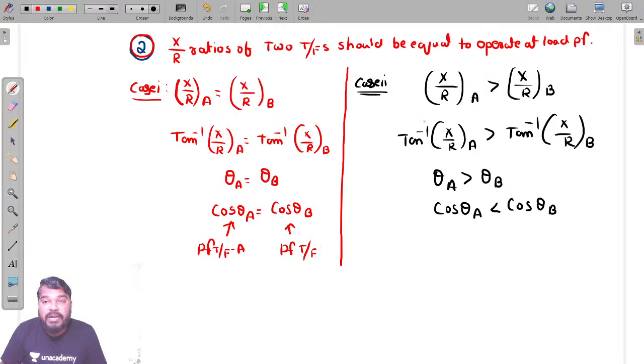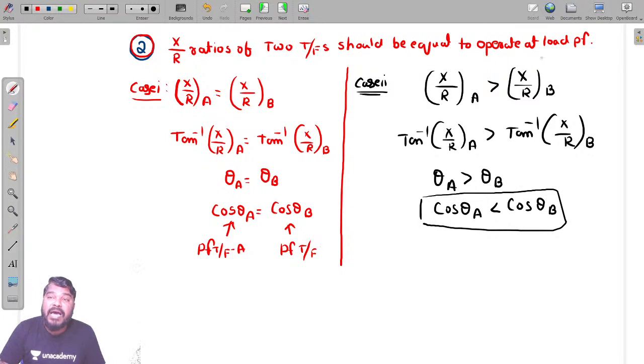So what we conclude from this discussion: if the X by R ratios of the transformers are equal, both are operated at the load power factor. Otherwise, the transformer which has the low X by R ratio will operate at a superior power factor of the load.